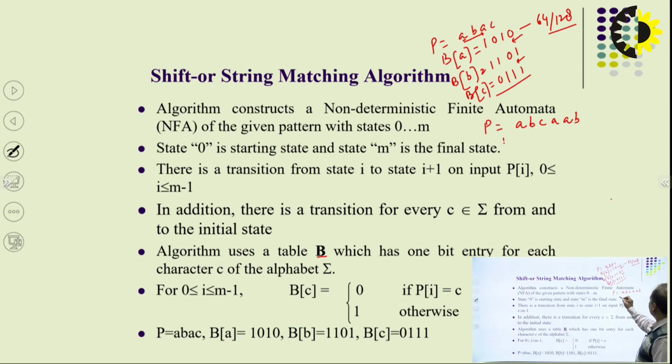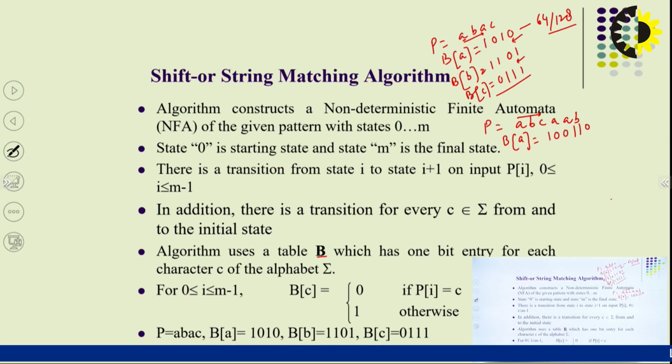You see, B of A, the bit combination for A: we start from left and assign from the right. First one is 0, right? And then 1 1, then 0 0 and 1.